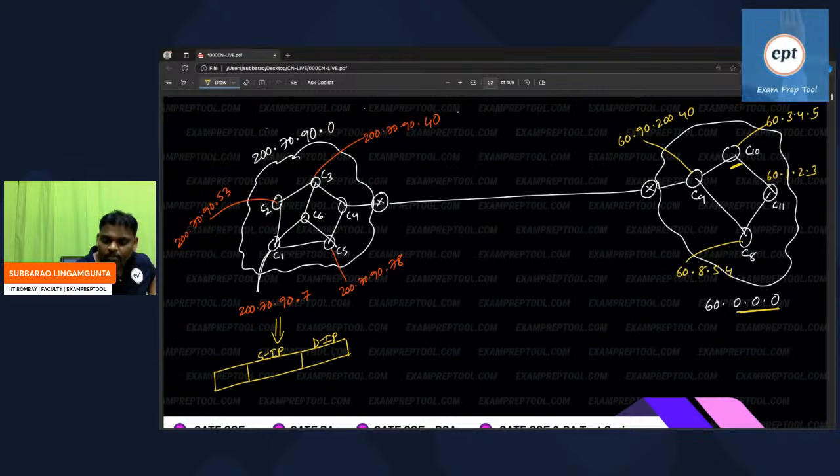SIP means source IP, DIP means destination IP. In the source IP I am writing 200.70.90.7. I think the destination is going to be 60.3.4.5.